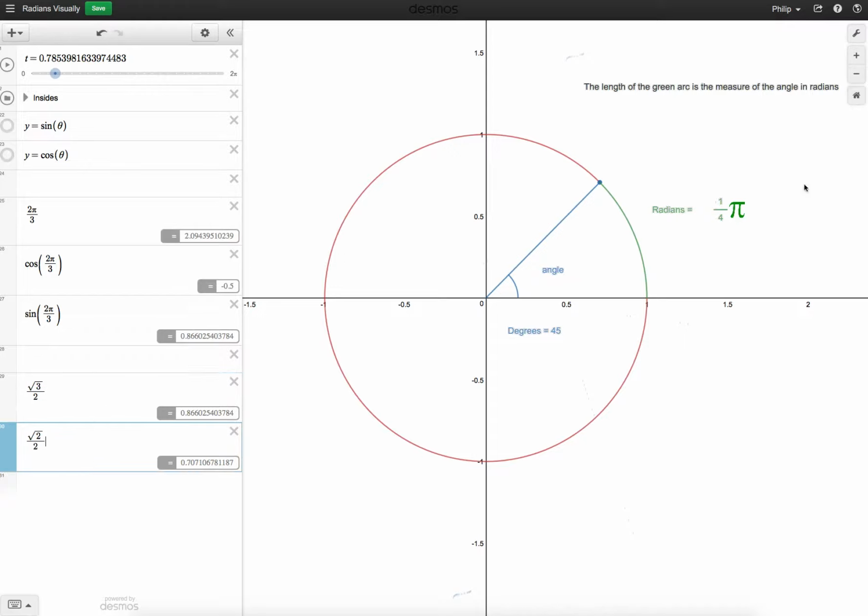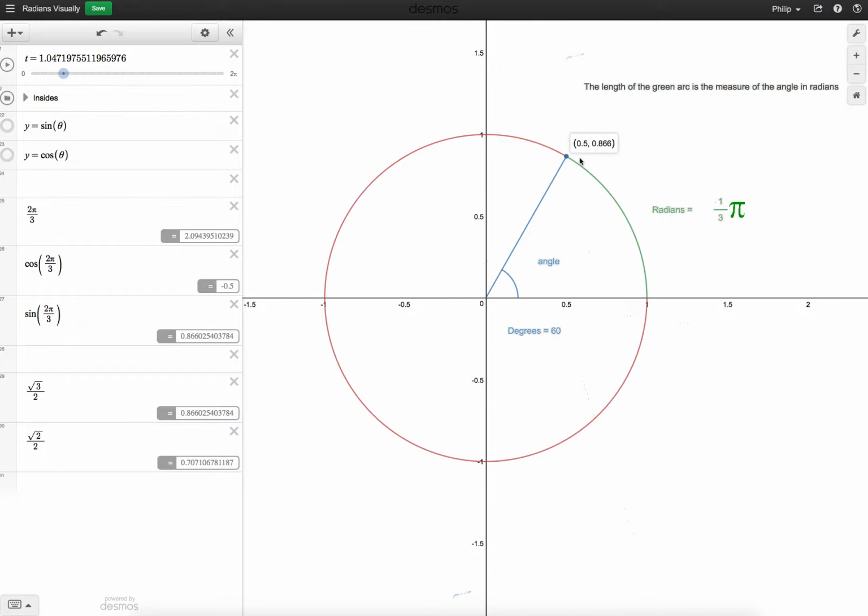Okay. So as you're moving around the unit circle, we've seen that we keep getting some of the same values over and over again. So here we see 0.707, 0.707, and if I come up here to pi over 3, I have 0.5, 0.866. So it seems like I've seen these numbers here before.